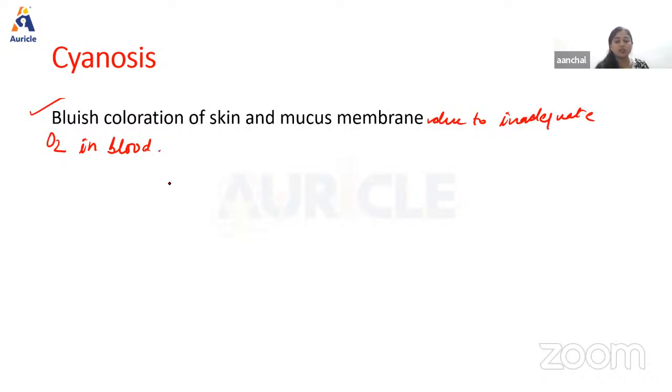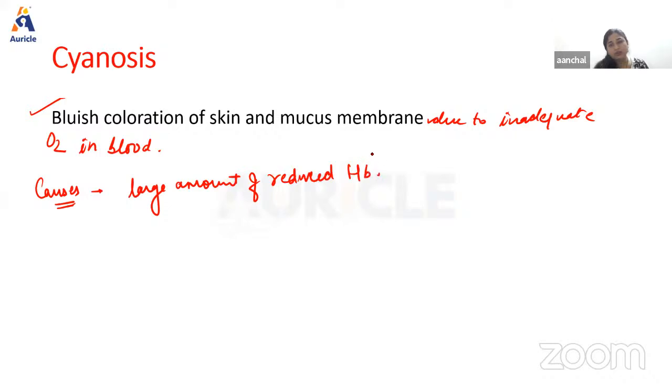If we talk about the causes, whenever there is presence of a large amount of reduced hemoglobin, the quantity of reduced hemoglobin should be at least 5 to 7 gram per deciliter in the blood to cause this condition.